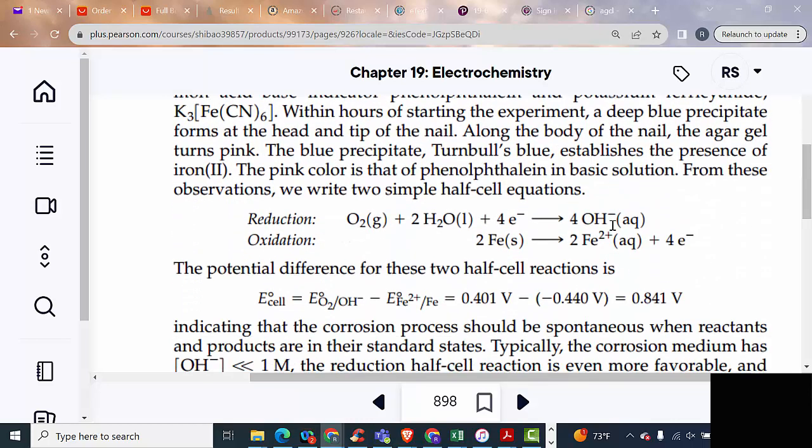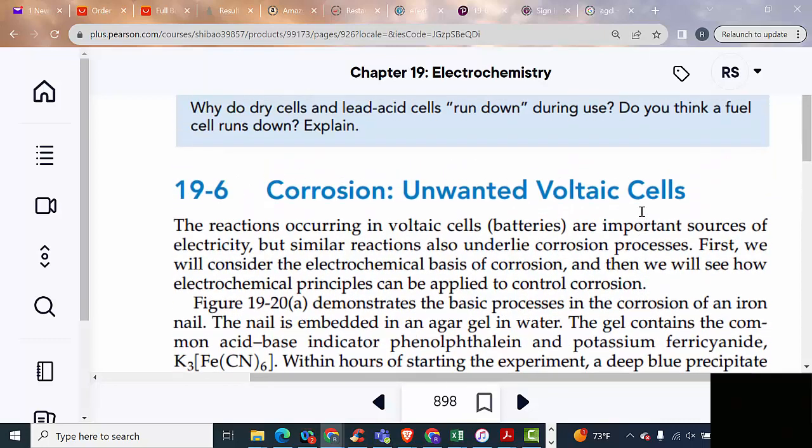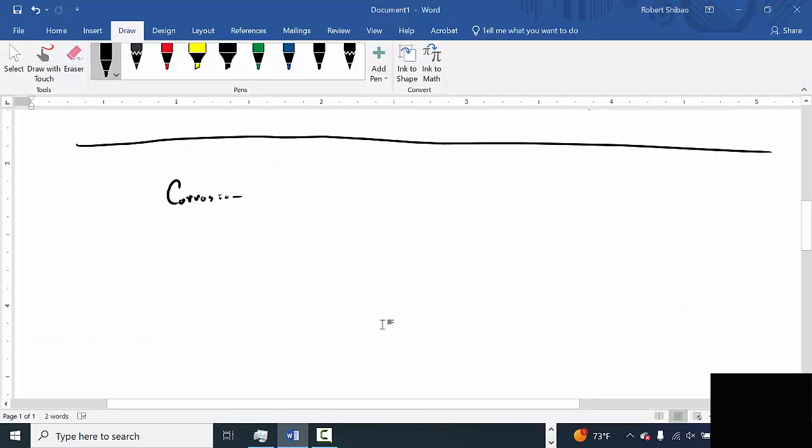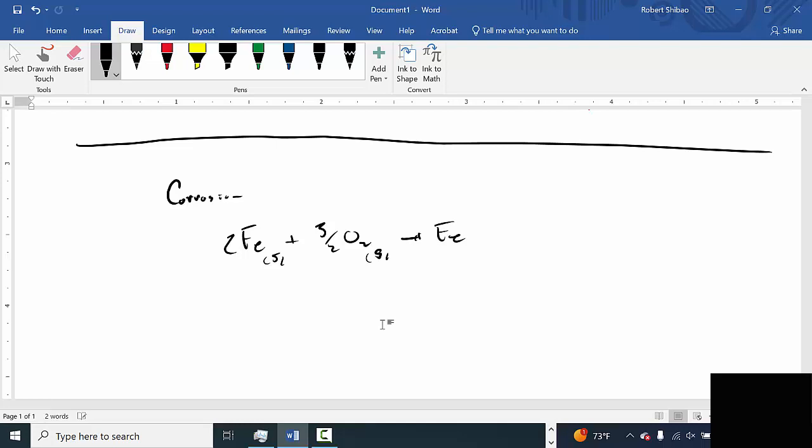Rusting of iron. Normally we think of rusting of iron as just iron being oxidized. And so when I think about rust, I just think about this. Rust is Fe2O3, and so if I have 2 irons, and I need 3 oxygens, I'll take 3 halves O2 gas, and this is going to produce Fe2O3 rust, solid.